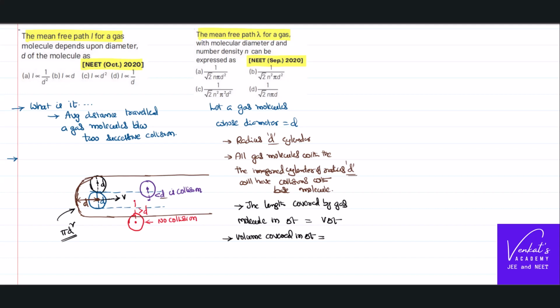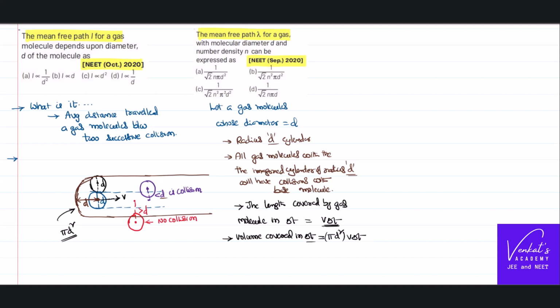So the volume covered is pi d squared, the area of cross section, into the length covered in delta t. But we have already proved that the length covered in delta t is v into delta t. So that's the volume that it covers, right?